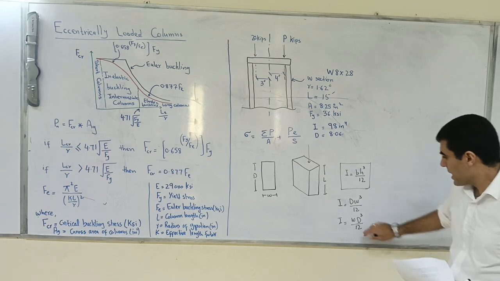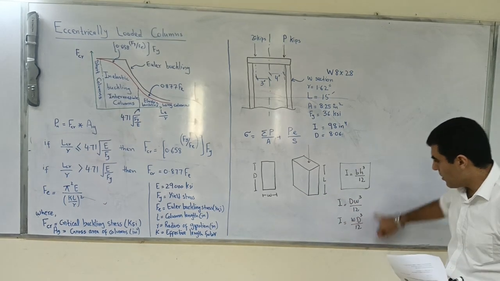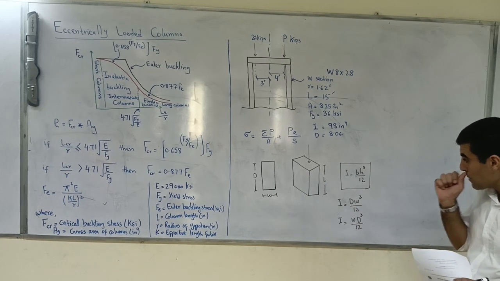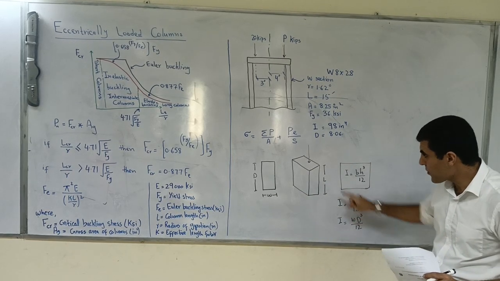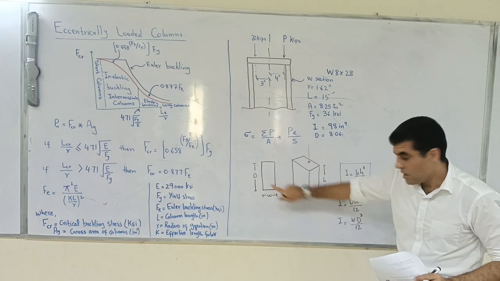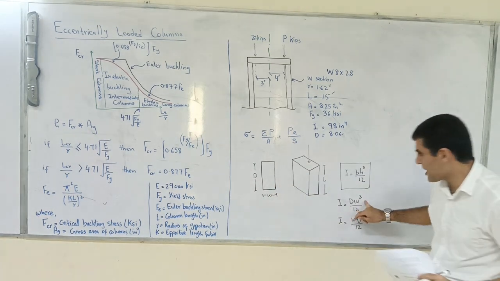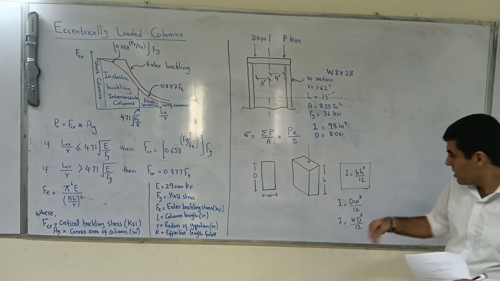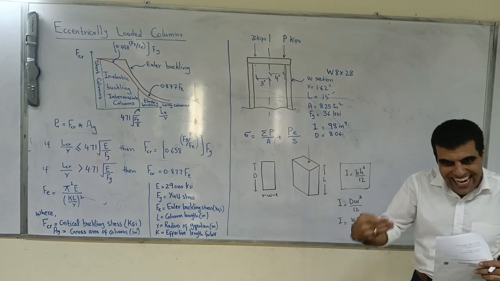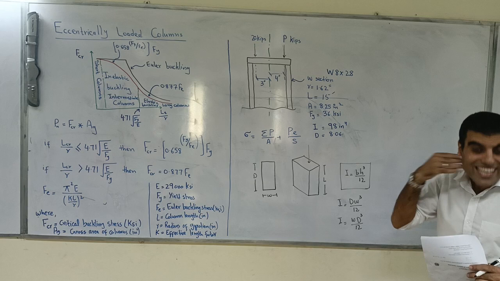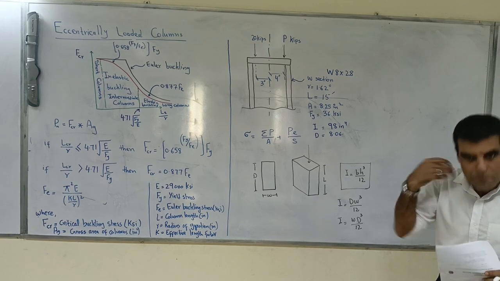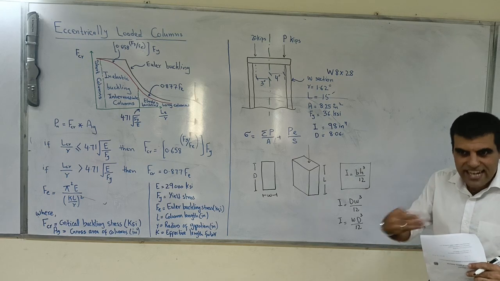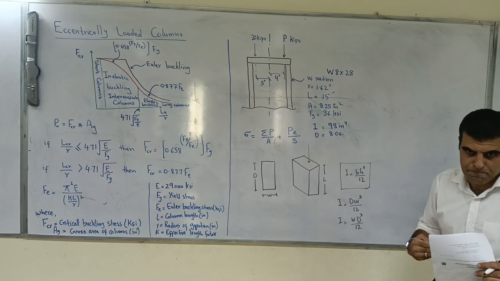So the critical moment of inertia is d w cubed by 12. So when I say in the direction of the least dimension, what I mean to say is that it will buckle in the direction of least moment of inertia.